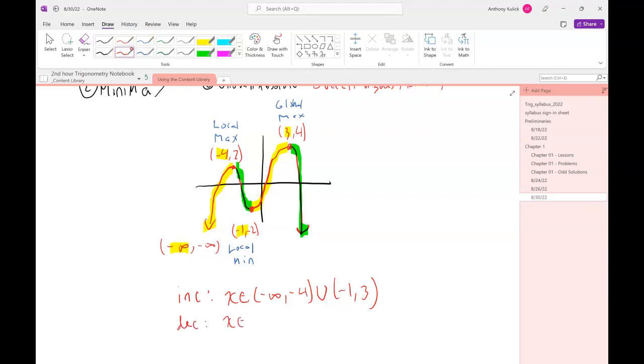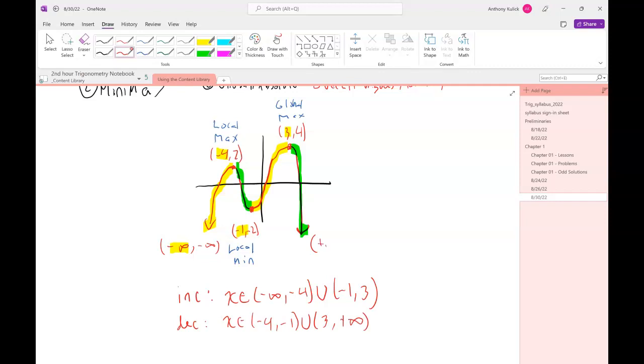How about the intervals of decreasing? You would have probably done it at the very start of the year. So if you forgot it from last year, that's probably why. It would have been in the first 2 weeks or so. I bet you would have done this. So for the decreasing, negative 4 to negative 1. Yep.